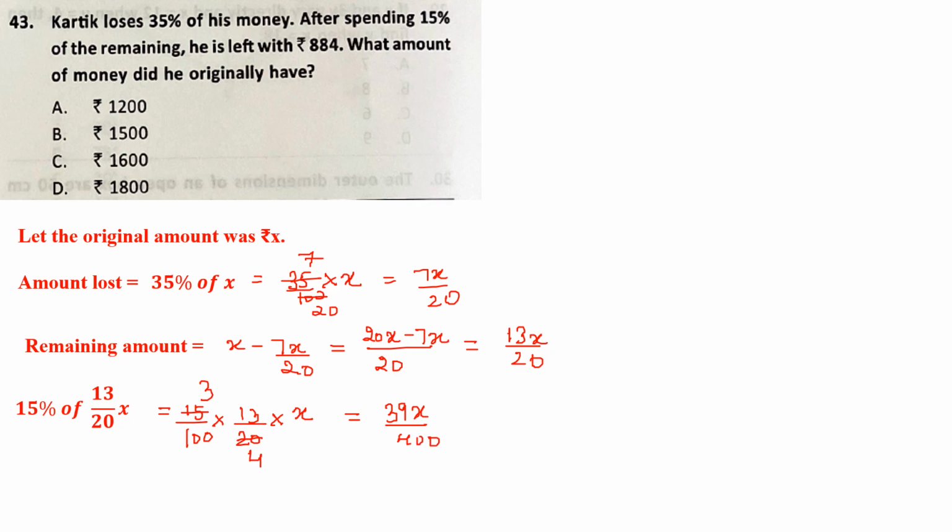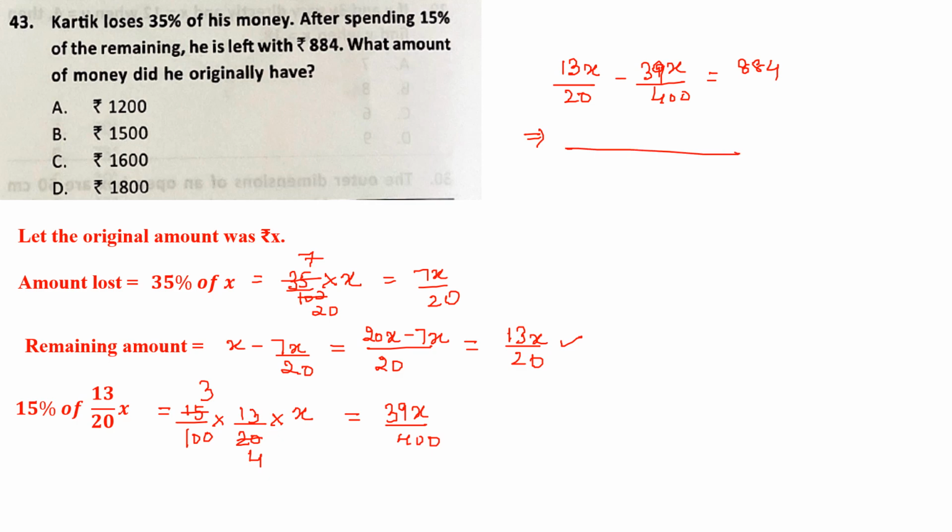Now after spending, the remaining amount was 13x by 20. From this he spent 39x by 400. Then the amount left is 884. It means from 13x by 20, he spent 39x by 400, so we have to subtract this, and this value is given as 884.